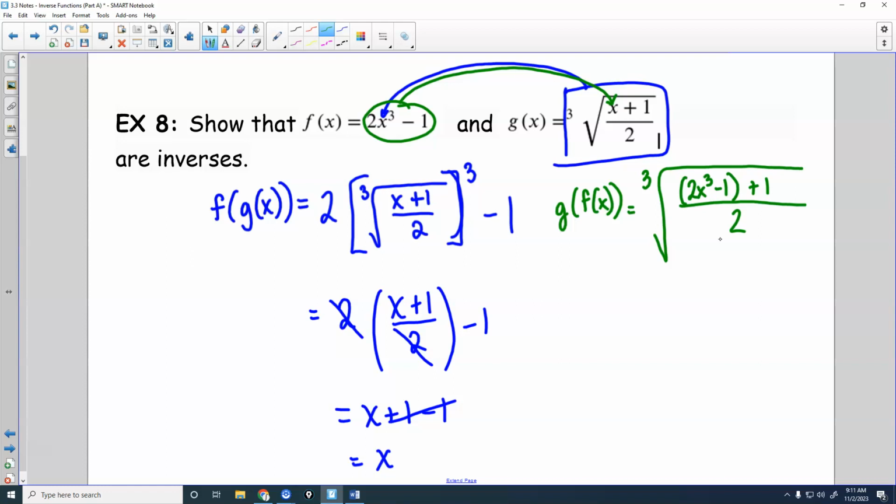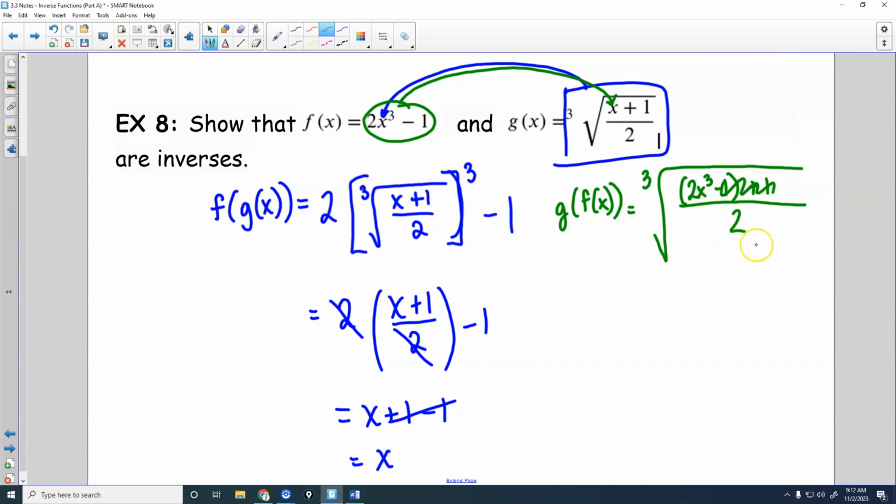What is the first thing that cancels here? It's the 1's. There are parentheses here, but there's nothing in front of them, so you basically just drop those parentheses. So that minus 1 plus 1 cancels first.